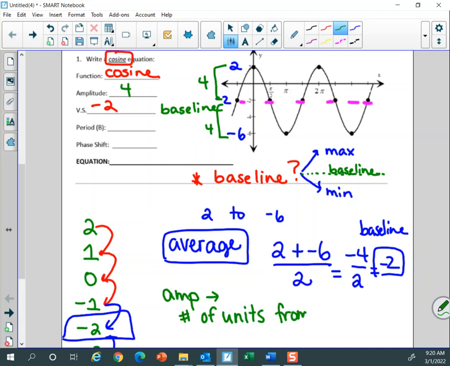Number of units from baseline to the max or min, because it's symmetric. It's periodic, the cycles are the same. So 4 units above, 4 units below, 4 units above, 4 units below.